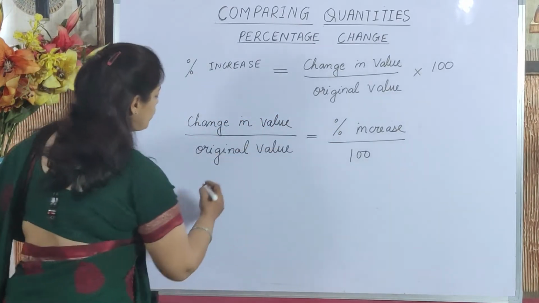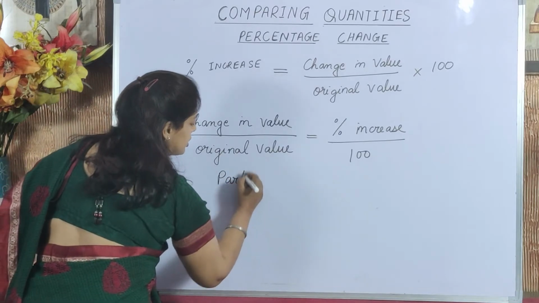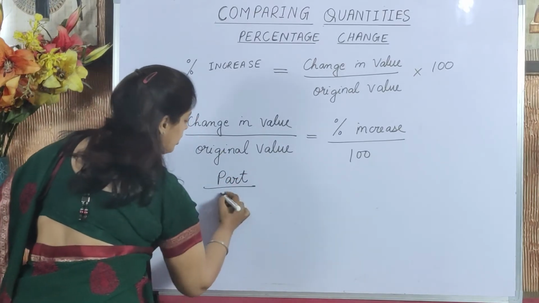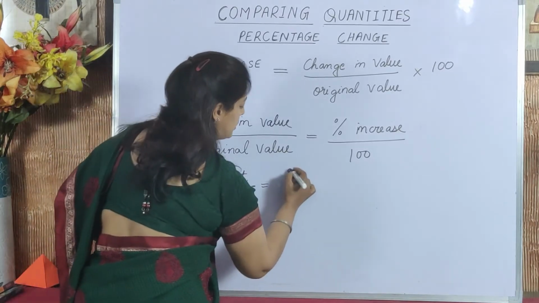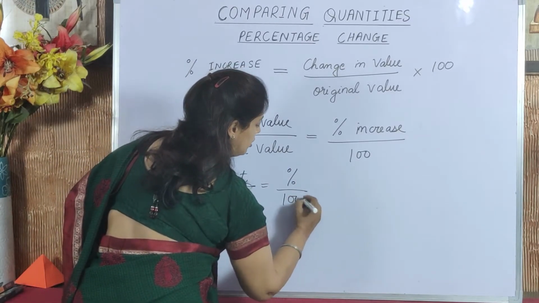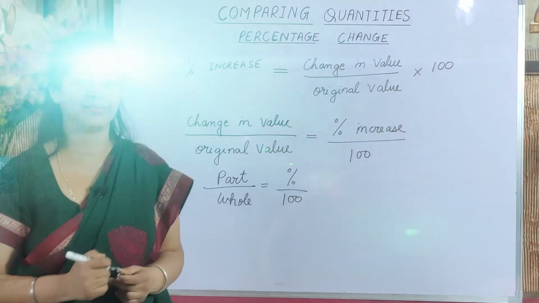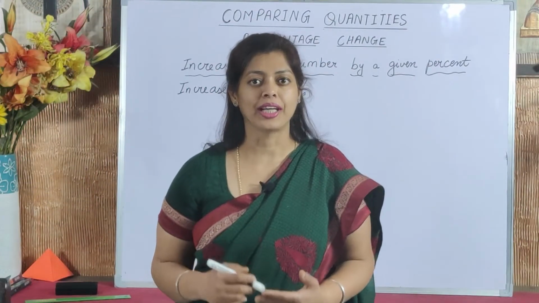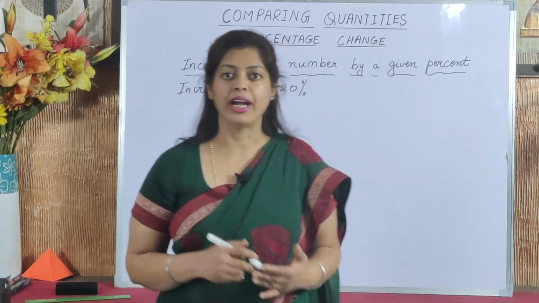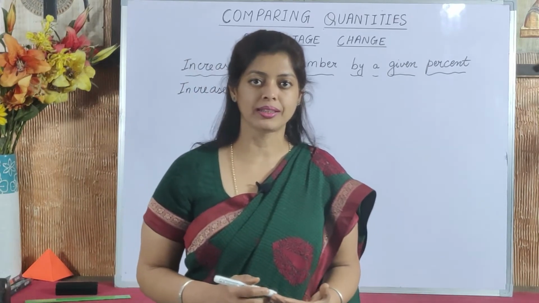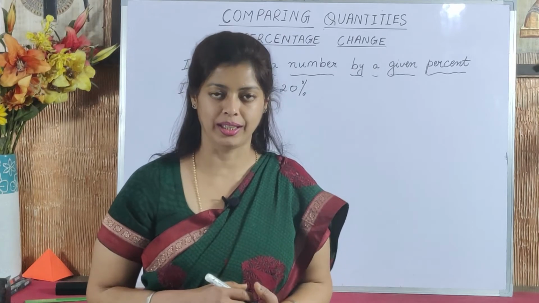So this is again of the form of the basic percentage equation which we had studied: part upon whole is equal to percentage upon 100. As far as percentage change is concerned, you may be asked to find the percentage of increase or decrease, or the actual increase or decrease.